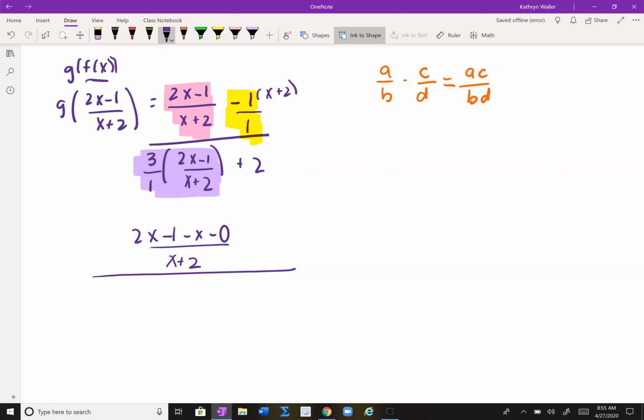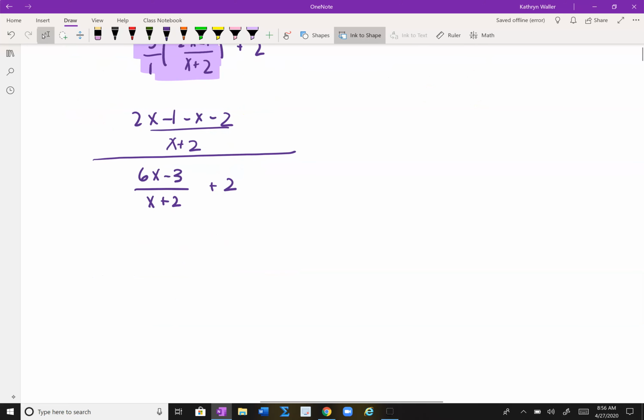So the 3 gets multiplied by the 2x minus 1, so that's 6x minus 3. 1 times x plus 2 is x plus 2, and you have a plus 2 right there. That should be a minus 2. Okay, so on the top, you have x minus 3 over x plus 2.